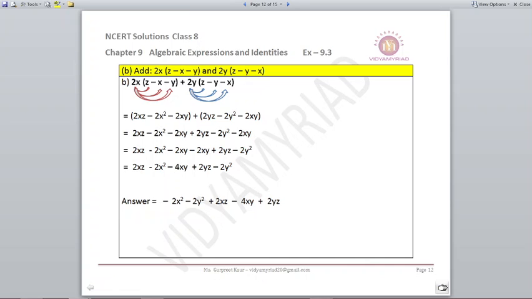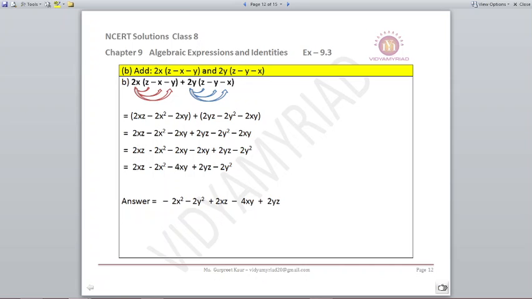Open the bracket and you will see that there are certain numbers which are same. So it means we will see if there are any like terms here, we will arrange those like terms. So in the first case, if we see 2xz minus 2x square minus 2xy. Now there is one more minus 2xy. There is one plus 2yz minus 2y square.